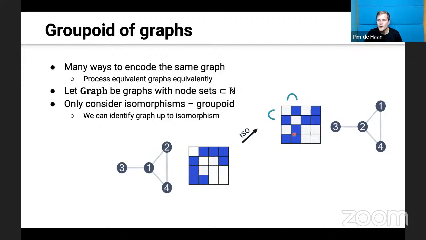So the one horizontal edge to the other horizontal edge. And then we take the source node, which is 2. This should yield the same result as if we map the source node and then apply the bijection of nodes, which in this case maps node 1 to node 2. So that defines a graph isomorphism, and it basically means that nodes and edges are mapped consistently between each other.